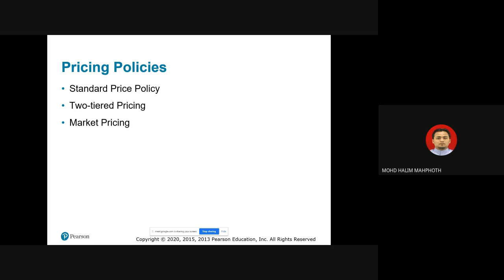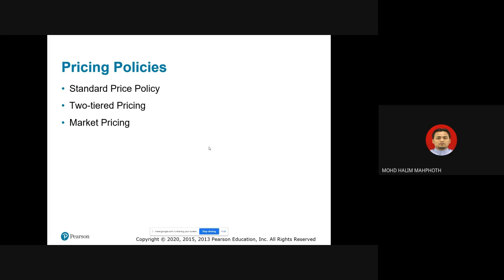So that is a standard price policy, in terms of the brand, the product itself. Or two-tiered pricing, which means locally they have their own price, and when going abroad, because we have to take into account certain factors, it should be a bit more expensive for the foreign countries.